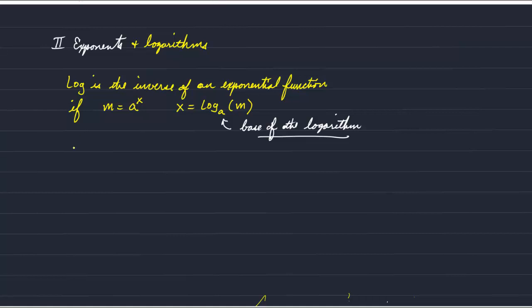Now, if a is equal to e, then, oops, my e disappeared, then log base e is referred to as the natural log.